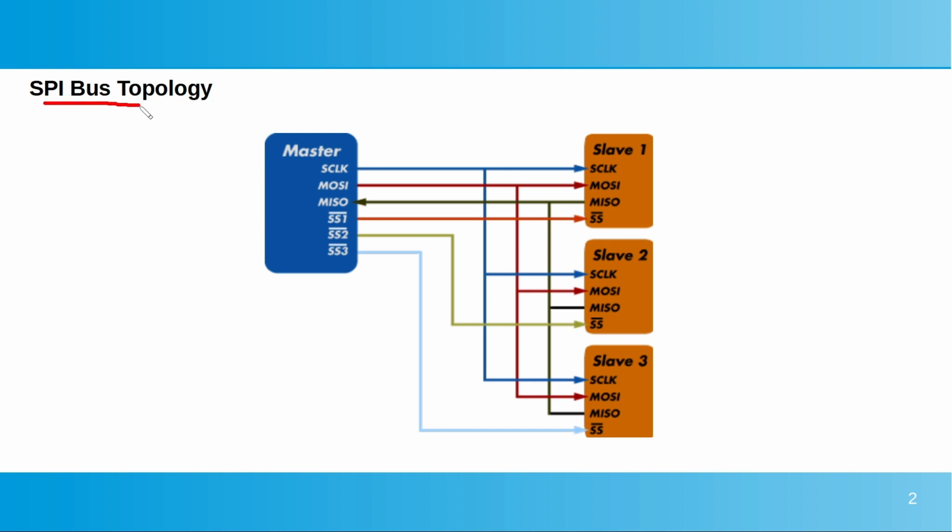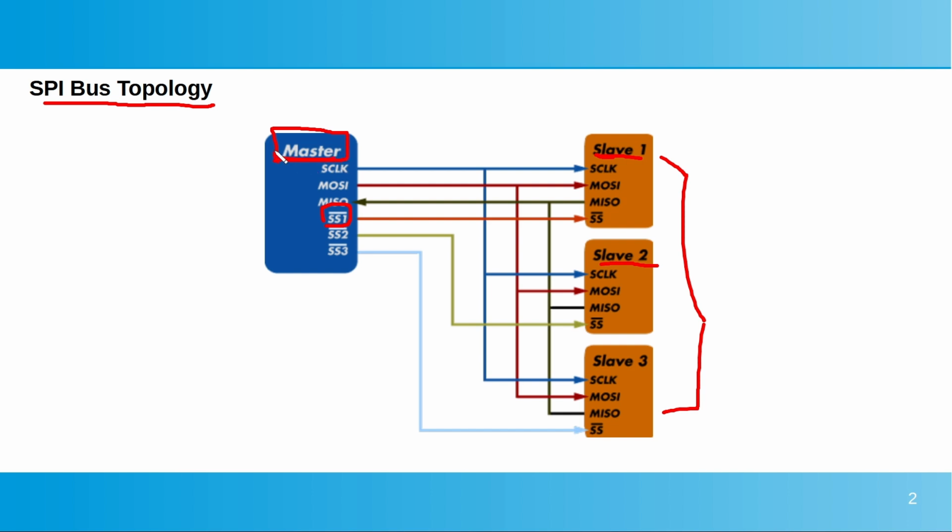When it comes to the SPI bus topology, we can have a single SPI master connected to multiple SPI slaves. The way the SPI master will select which slave to communicate with will be via this slave select pin. In this example, we have 3 slaves connected to a single SPI master.